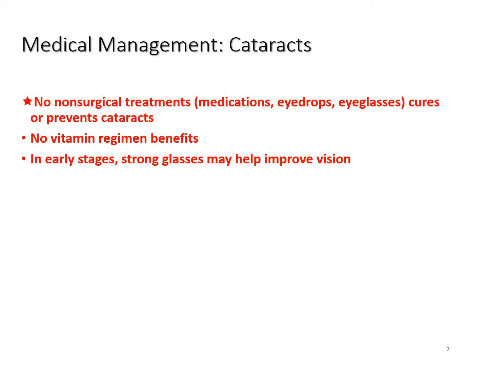So what we have to try to do is diminish those risk factors, in the hopes that we never get cataracts in the first place, right? And initially, maybe your strong glasses may help and improve your vision. But like I said, if things get really bad, where everything is hazy, you're trying to drive, they are going to have to do surgery. But risk reduction is our go-to.